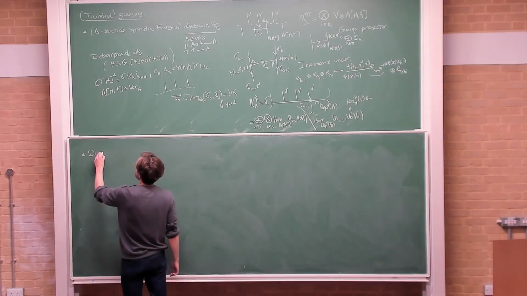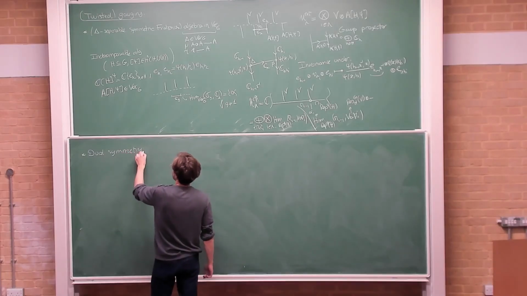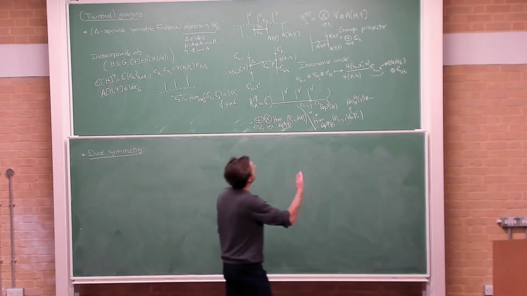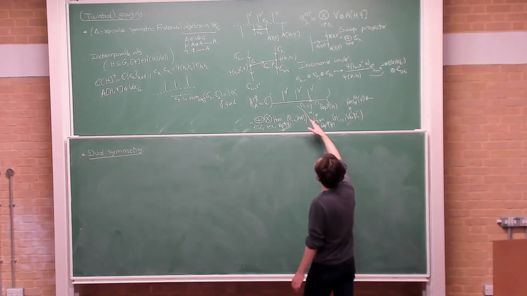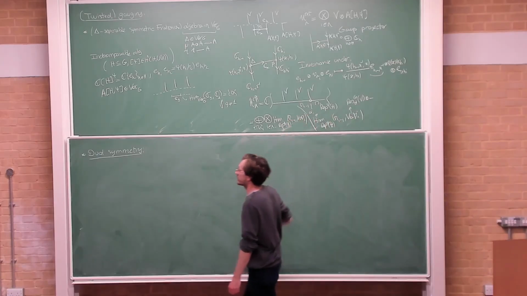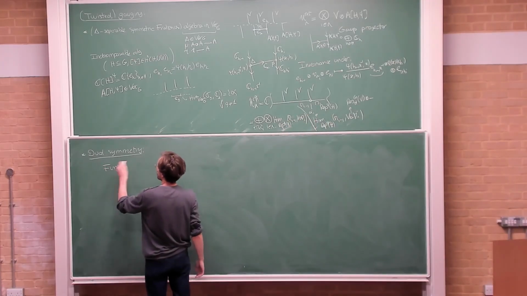Okay, so what is the dual symmetry? Here I'm going to use the same approach I had earlier, which I erased. We have degrees of freedom labeled by morphisms in Rep psi G. So symmetry is something that should act on this.